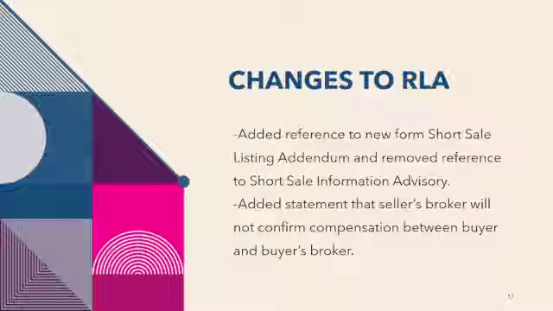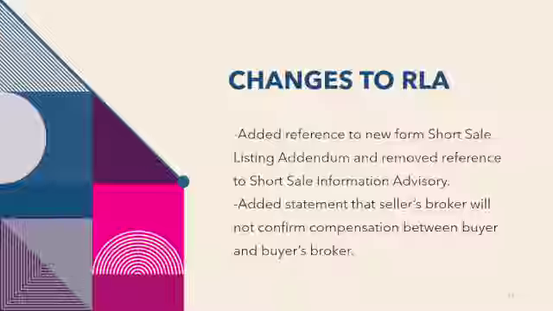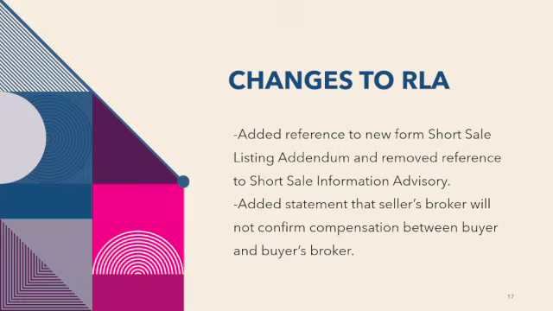Added a statement that seller's broker will not confirm compensation between buyer and buyer's broker. So that was put in there as well, so that it's clearly stated that it is not the seller's agent's duty to confirm or verify what the agreement is between the buyer and their broker.